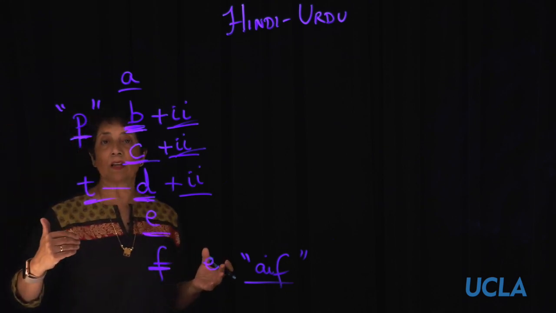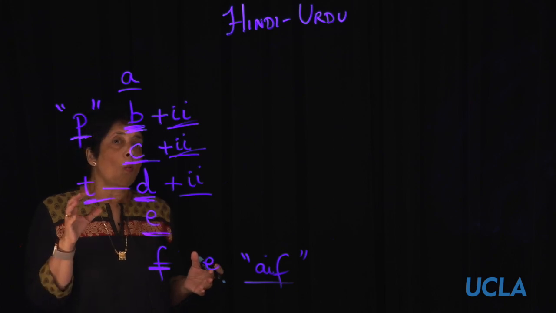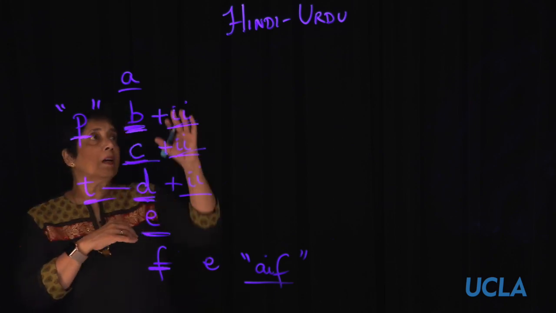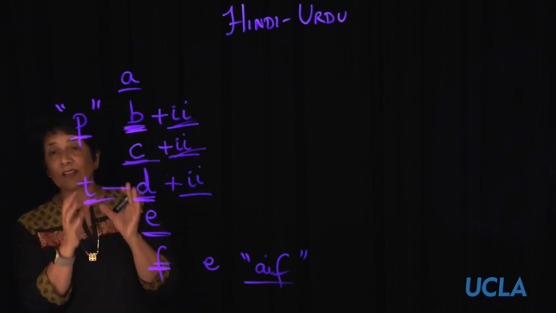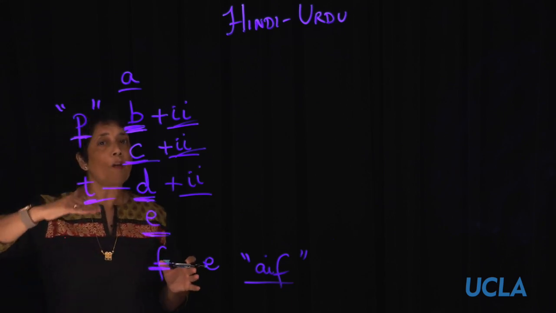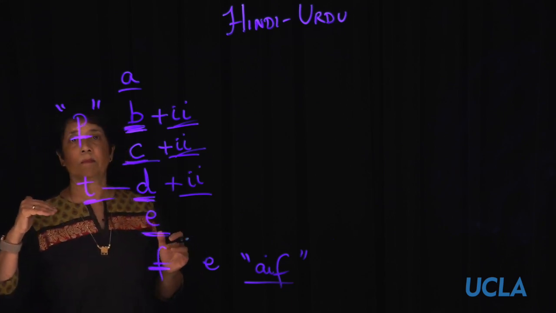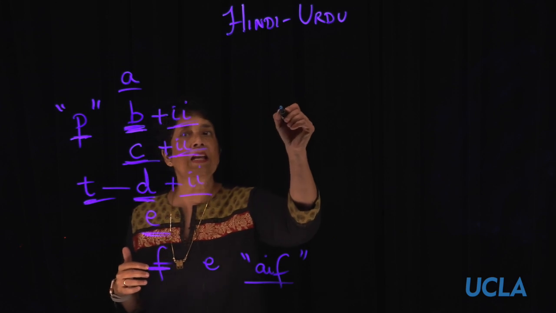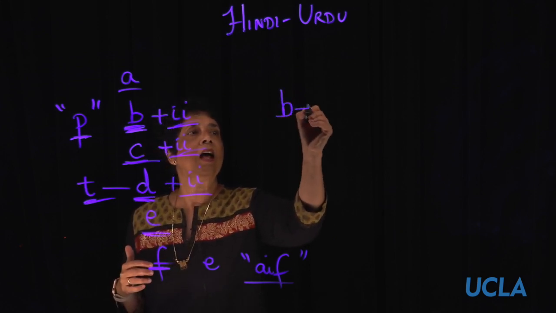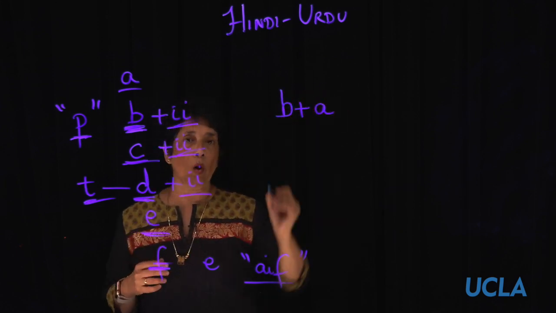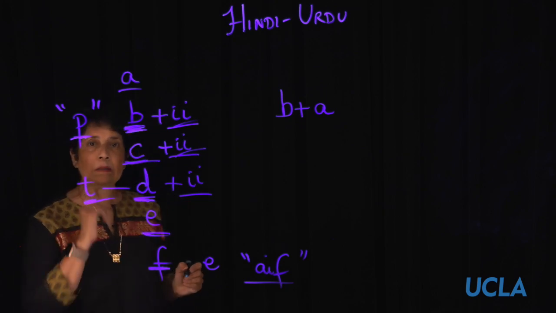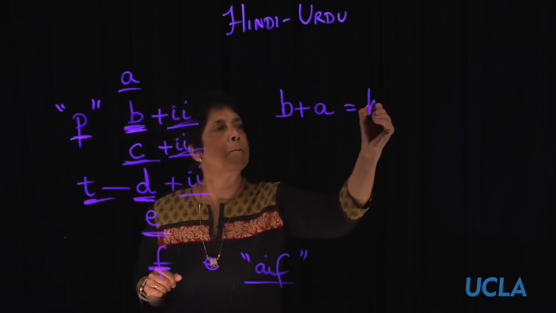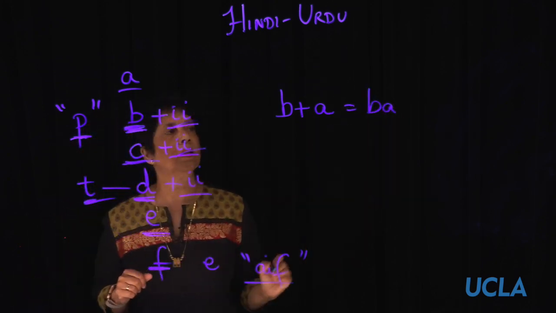I'm mentioning this because when we set up the Hindi-Urdu sounds, we will follow a consistent pattern of taking the consonant and releasing it with the vowel a, so that we get b. Okay?